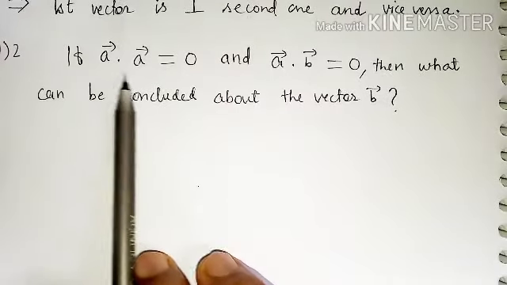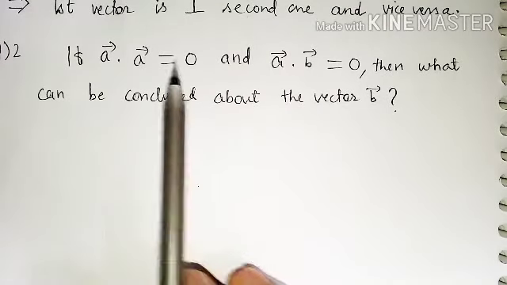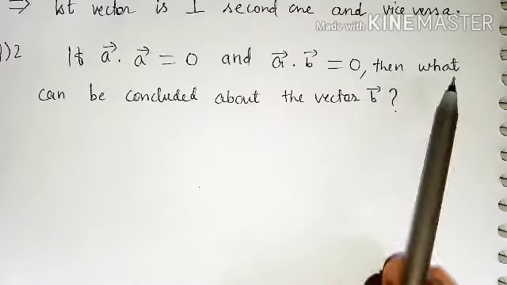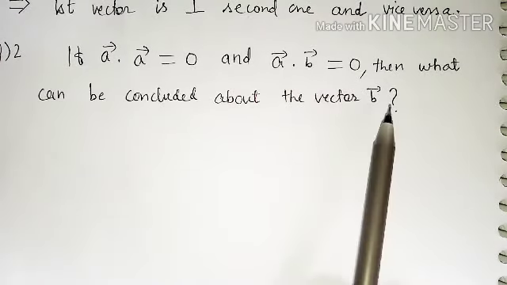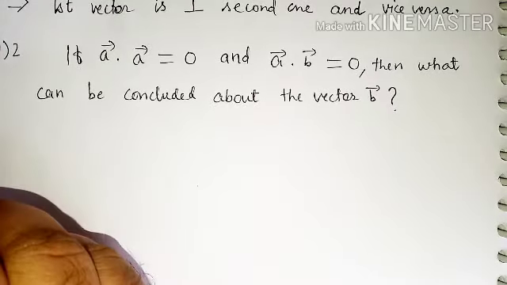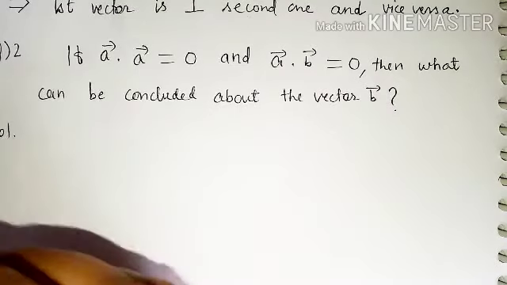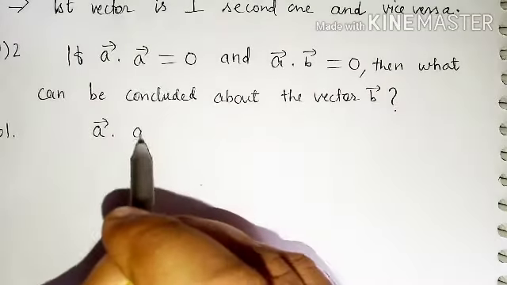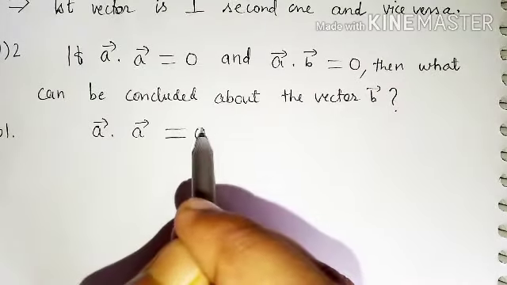If vector A dot vector A is equal to 0 and vector A dot vector B is equal to 0, then what can be concluded about the vector B? Solution: vector A dot vector A is equal to 0.